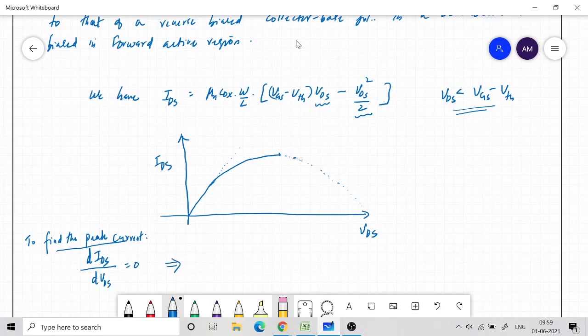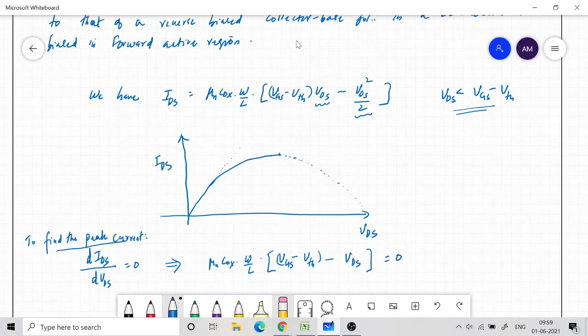So that means mu n C ox W by L, and then the first term derivative is VGS minus VTH, that's all, and for the second term, the 2 will come out, 2 VDS, which will cancel with the other 2, leaving VDS.